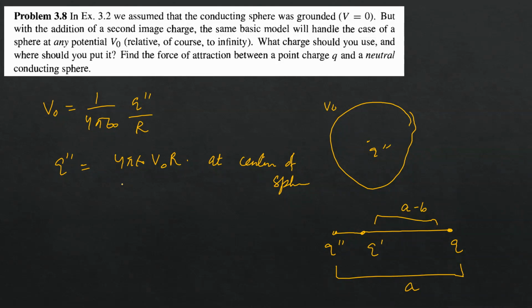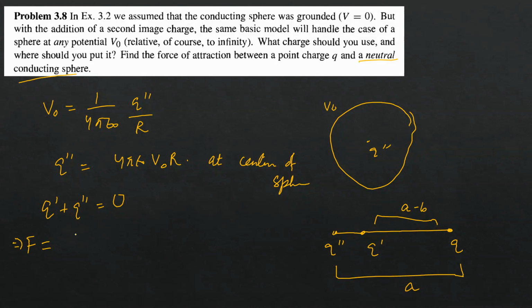Now for the sphere to be neutral, what should we do? Because this is a neutral conducting sphere. The charges inside must add to zero, right?